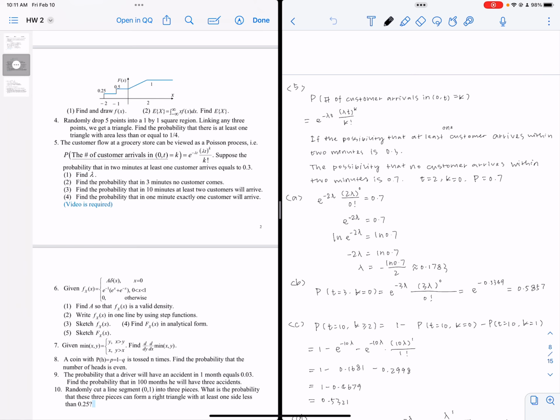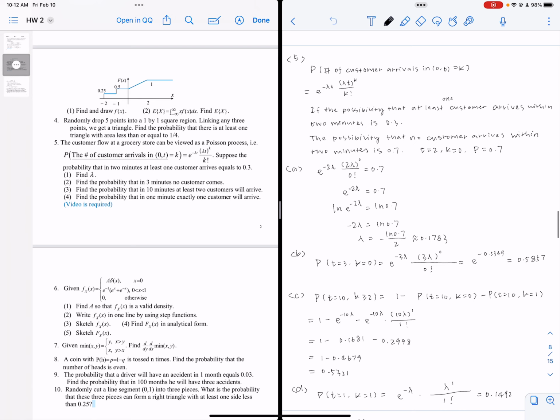And here we can immediately know that the complementary part of this would be that in 2 minutes no customer arrives. And that probability equals 1 minus 0.3, which gives us 0.7. So t would equal 2 and k would equal 0 here.